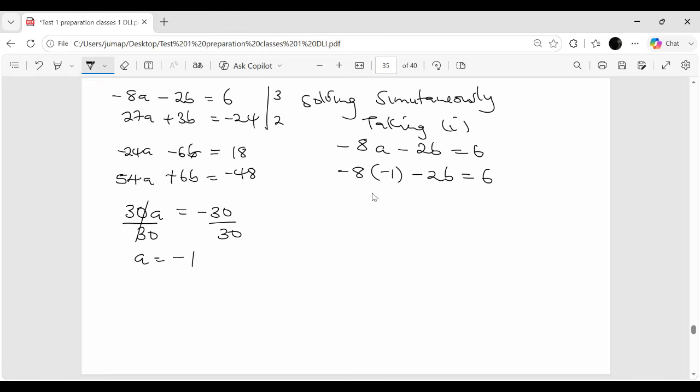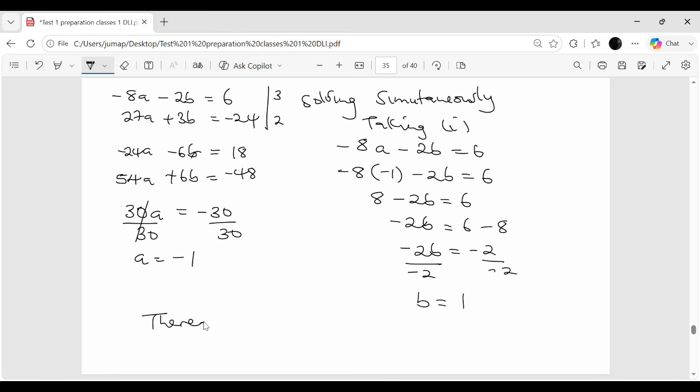Then as a result, this is going to be positive 8 minus 2b is equals to 6. Then the 8 comes this side, negative 2b is equals to 6 minus 8. As a result, negative 2b is going to be equals to negative 2, divide by negative 2. As a result, your b is going to be equals to 1.